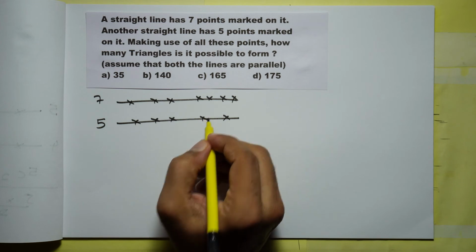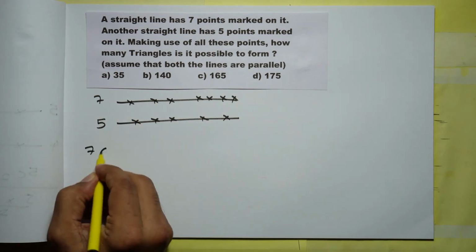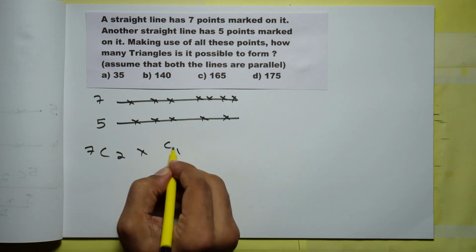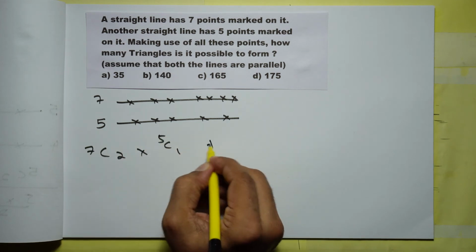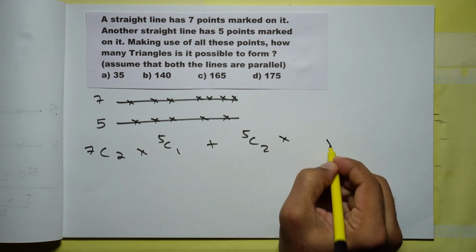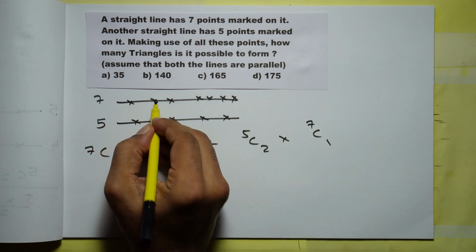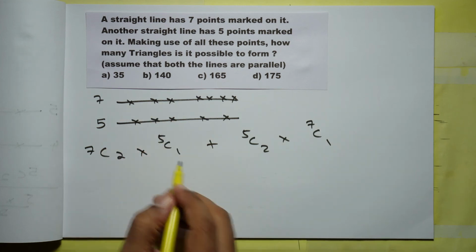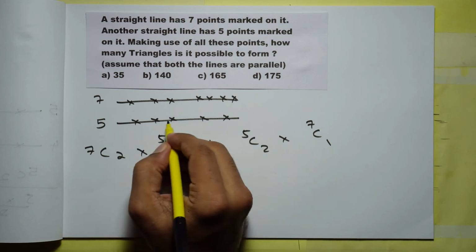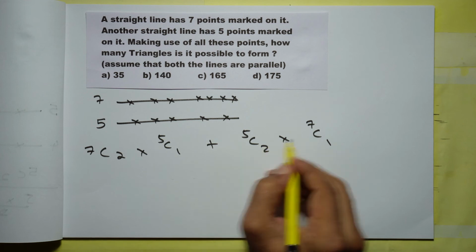They are the favorable cases when you get a triangle. So 2 from 7 and 1 from 5, so you have to multiply, or 2 from 5 and 1 from 7. So this and this, or this and this.